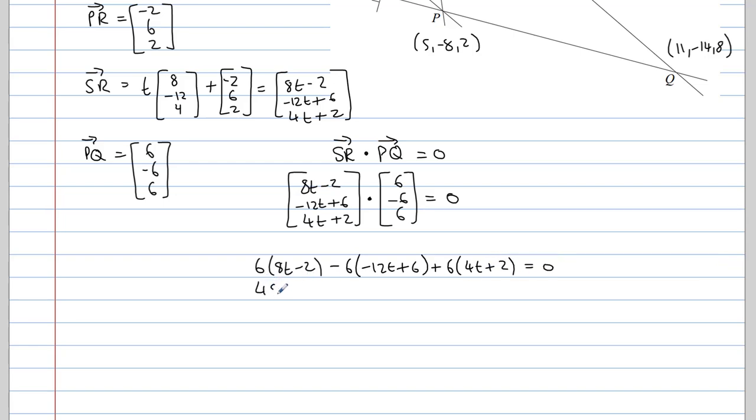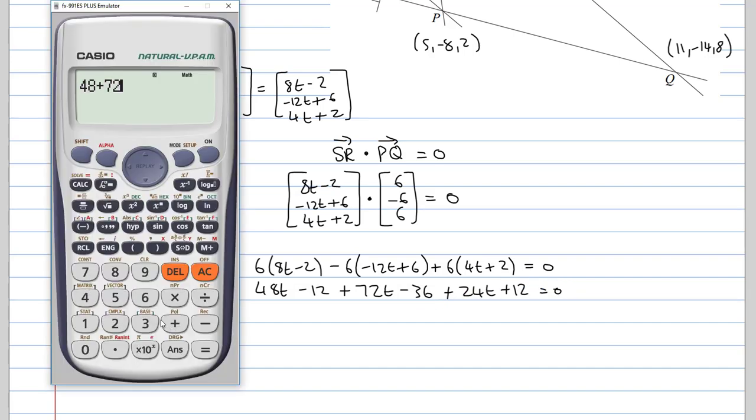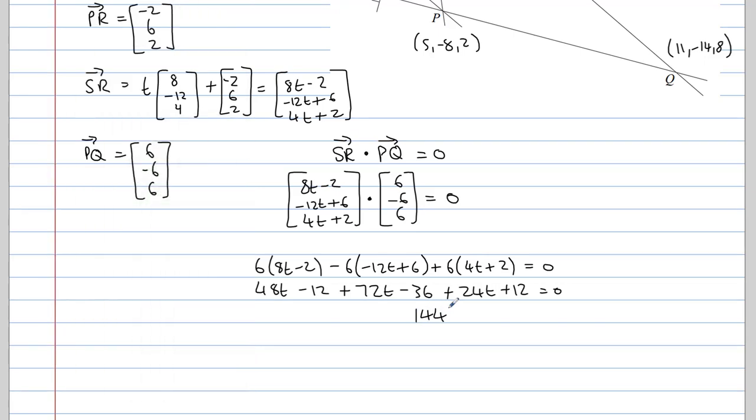So I get 48t minus 12 plus 72t minus 36 plus 24t plus 12, and that all equals 0. That gives me 144t, and I've got minus 12 plus 12 is 0, and then I've got minus 36, so minus 36 equals 0. So if I move the 36 onto this side and divide by 144, I end up with t equals a quarter.